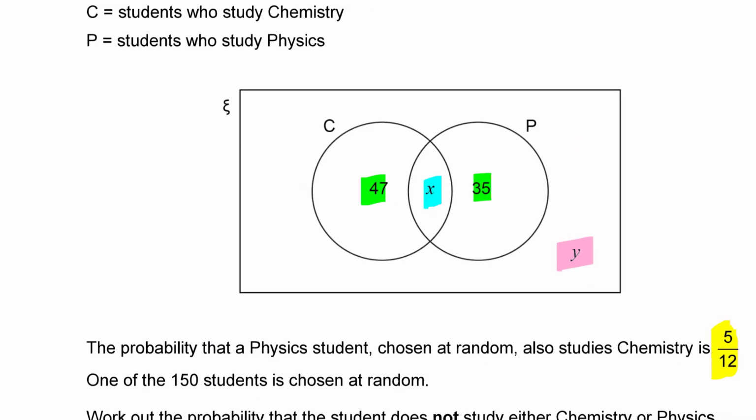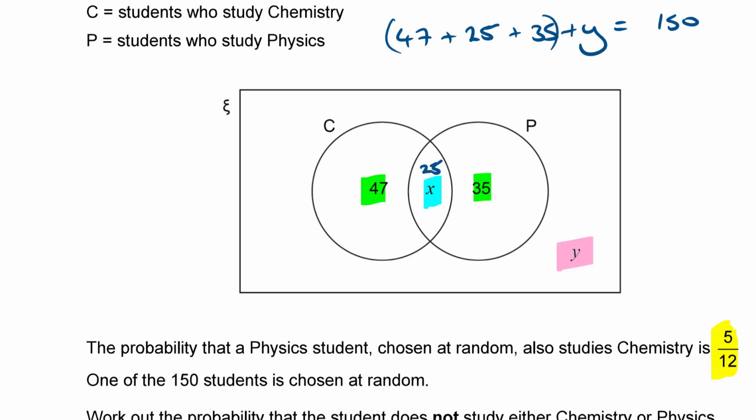Okay, so I've got 25 students in here then. So now I know that altogether there's 150, and I know everything apart from y now, don't I? So I know that my 47 plus my 25 in the middle plus my 35 plus y is everything, and that is 150 students. Okay, so adding these together, what's that? 47, 25 and 35.